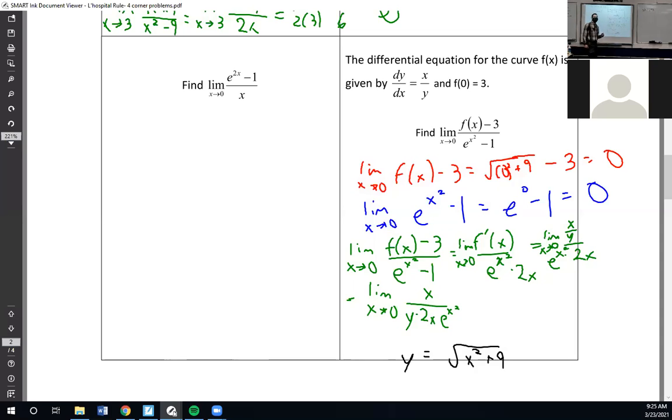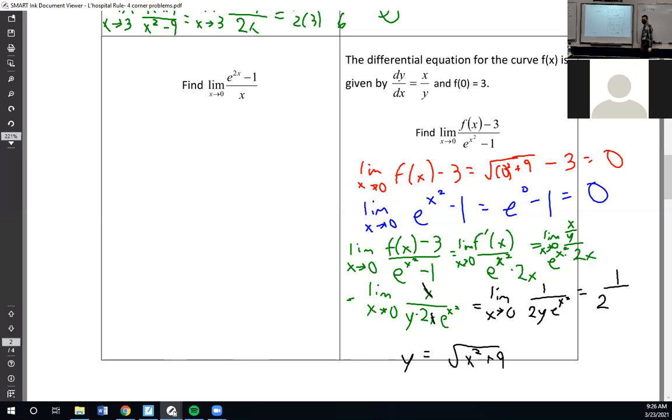But on some problems, that's going to mean that you would see if you can use L'Hopital's rule again. But in this case, we have a common factor of these x's here that we can cancel. Which means we're almost done. This is 1 over 2y e to the x squared. So we're canceling that common factor of x, and now we can plug in 0.